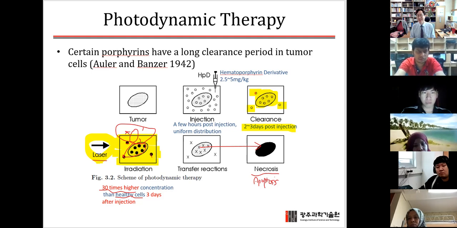I think apoptosis is an active process of the cell, and necrosis is some passive, some accidental cell death resulting from other environmental effects. Very close.